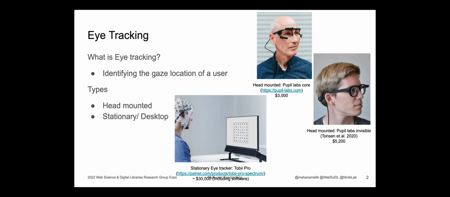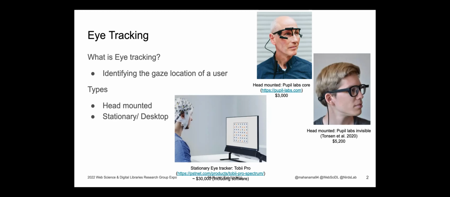As the name suggests, head-mounted eye trackers are wearable, resembling spectacles, Google Glass or a VR headset. Pupil Core and Pupil Invisible are two examples. In general, these have 3 cameras: one for capturing the outside world, and 2 for capturing data from each eye.